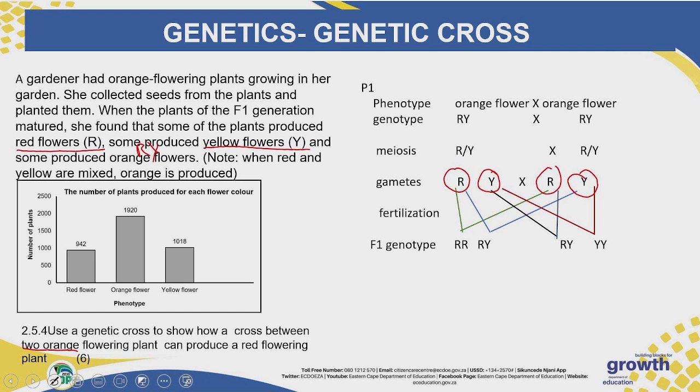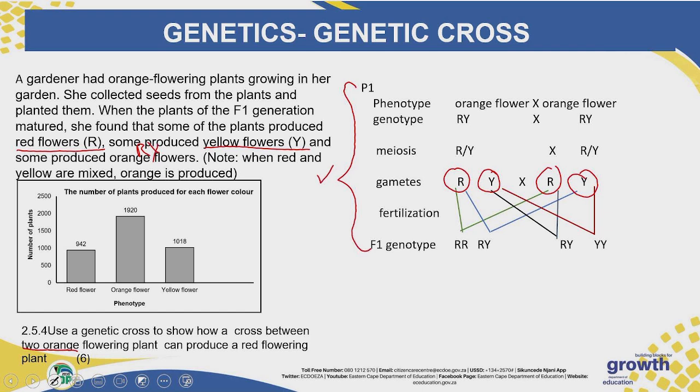So your genotype for F1 will be RR for the green, and then for the blue, it's RY, and then for the black here, it's going to be RY again, and then for the last one, which is indicated in red, is YY. Now, I said your two show marks: if you give us P1 and F1, we're going to give you a mark there.